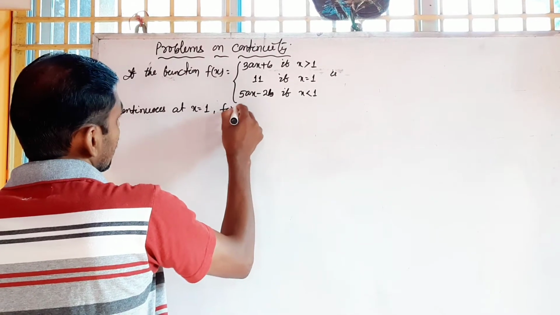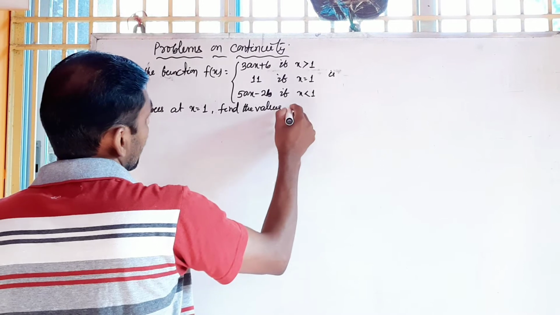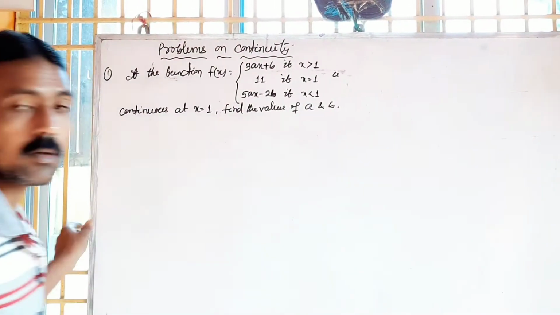Then find the values of a and b. This is the first example.